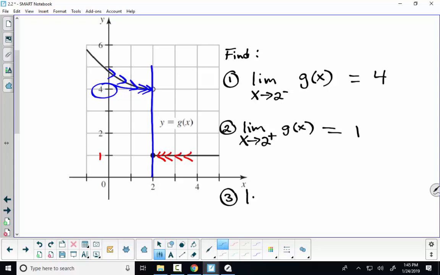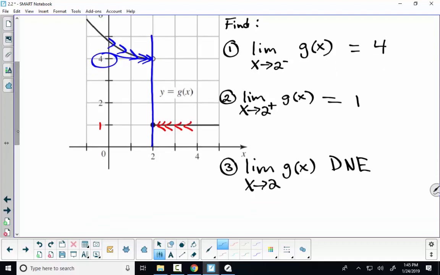Okay, so what's the limit as x approaches 2? Right. The limit as x approaches 2 on this function doesn't exist. Why? Because the one-sided limits don't match. Yep, exactly.